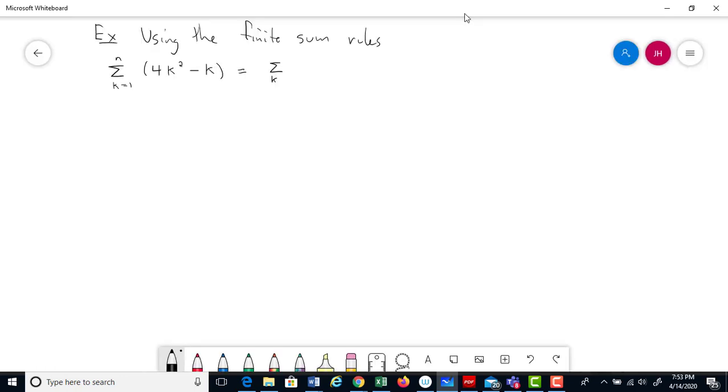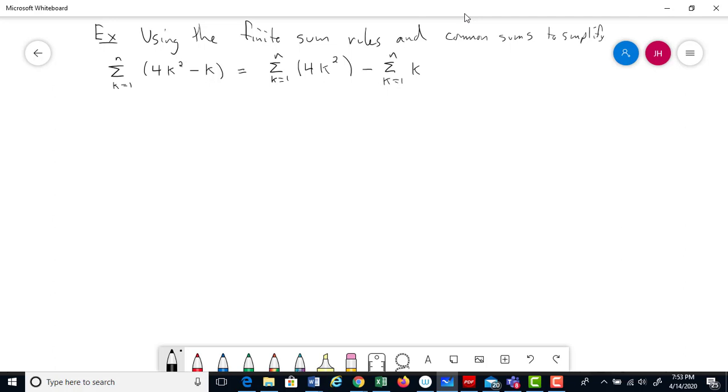I want to use the finite sum rules and common sums to simplify. I know the summation of the difference is the difference of the summations. So this is going to be the summation of 4k squared minus the summation from k equals 1 to n of just k.